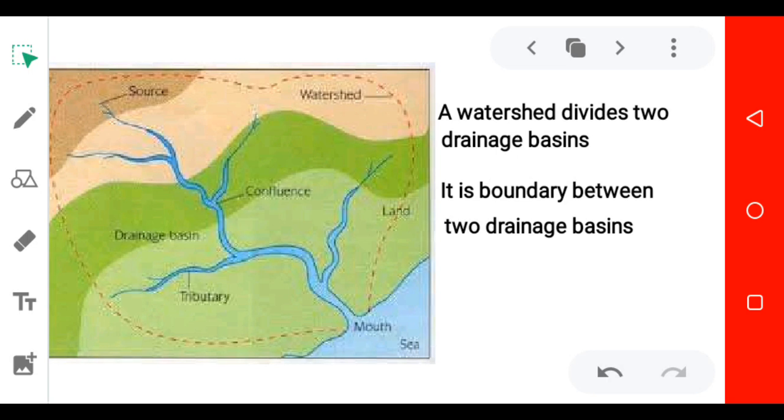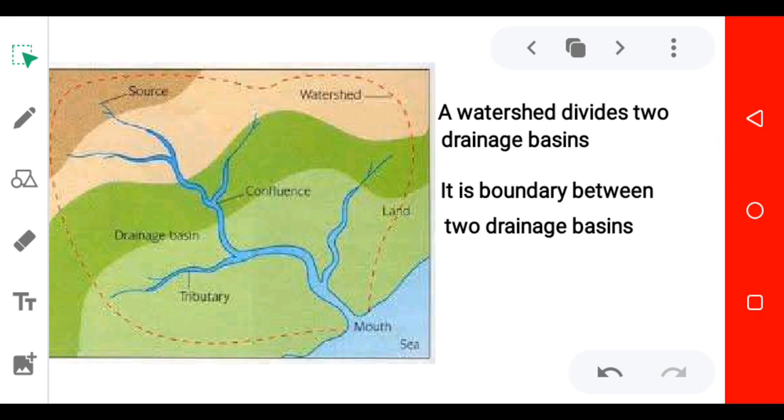Can you see a drainage basin? All the area enclosed by this circle you are seeing. Can you see the brown dots? So all the area included in that circle is a drainage basin.